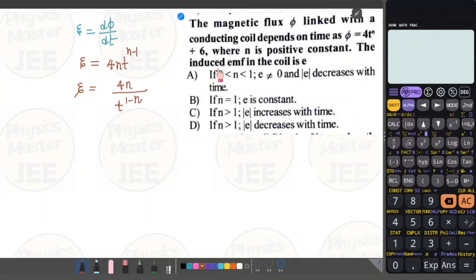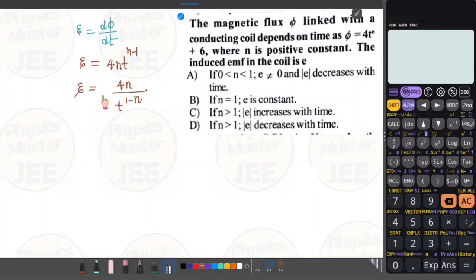Rewriting and checking: if n is between 0 and 1, E is not equal to 0 and E decreases with time. For example, if this value is between 0 and 1, it will be something like 4n by t power something, maybe 0.2 or 0.3, whatever.